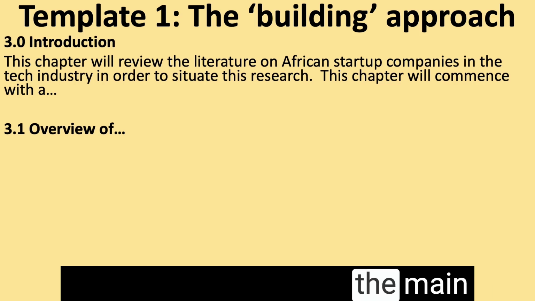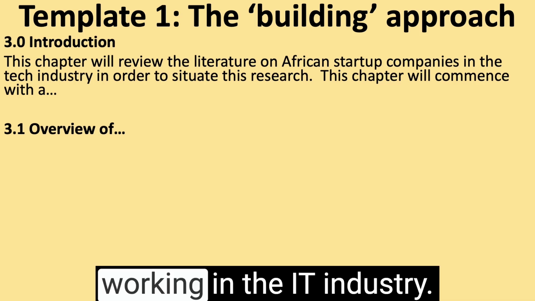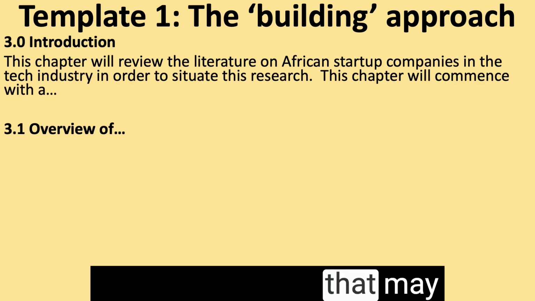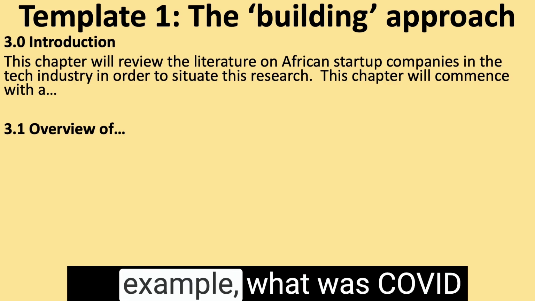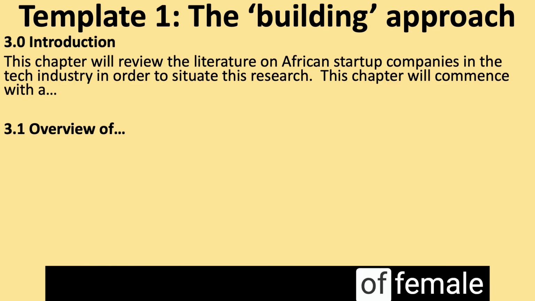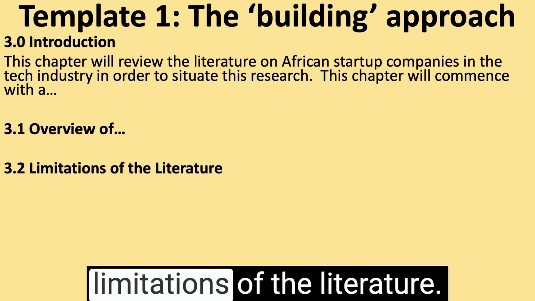You may also discuss the main ideas, the main theories, the main models of female mentors working in the IT industry. Also, any contextual factors or real-life events that may have impacted the literature. For example, what was COVID-19 or working from home's impact on the literature of female mentors working in the IT industry?